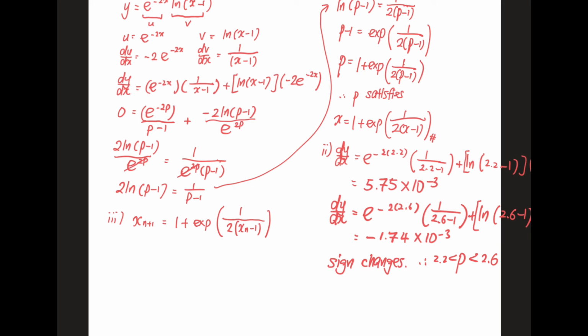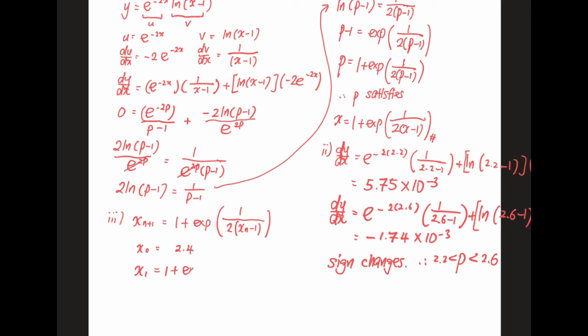Now we start with the first x value. What x value should we try? Normally we try the midpoint of the interval that has the sign change. So this one, 2.2 and 2.6, the midpoint is going to be 2.4. So I will take the midpoint, 2.4, and substitute into x1.